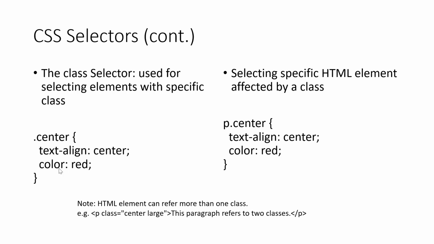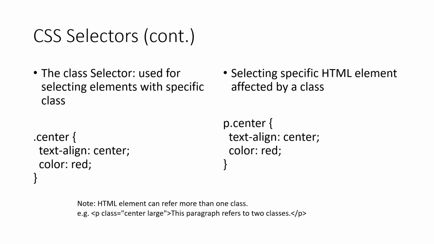And then for example, here the P class, and we can say it's a center. Similarly, you can also refer to multiple classes. So, for example, here we have P, and the classes come from two classes. Center is one of the classes, large is another class. So that is the class selector.